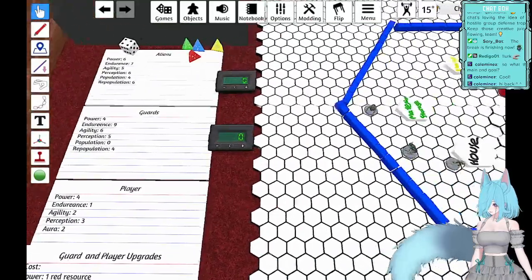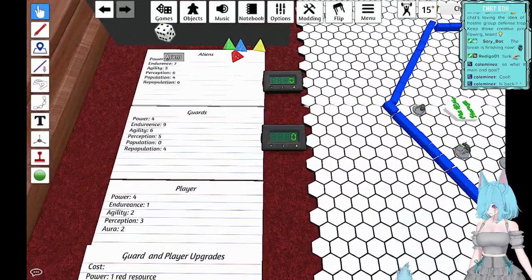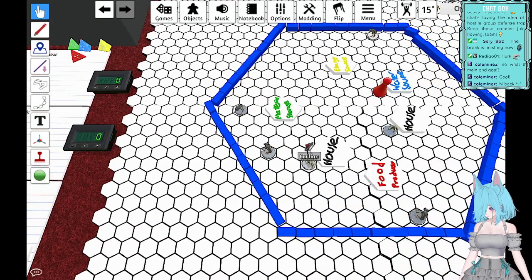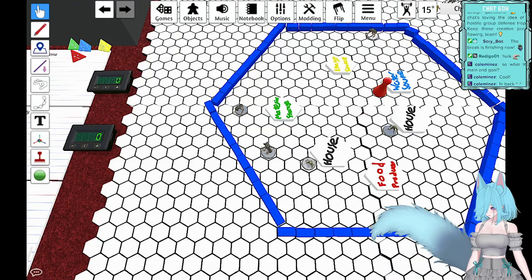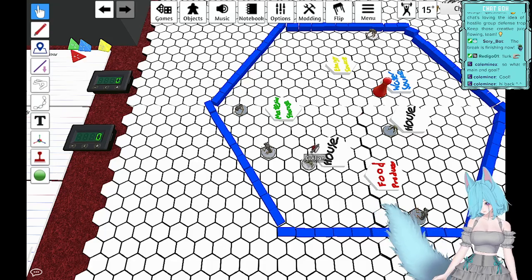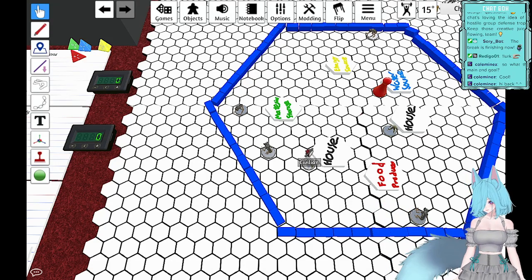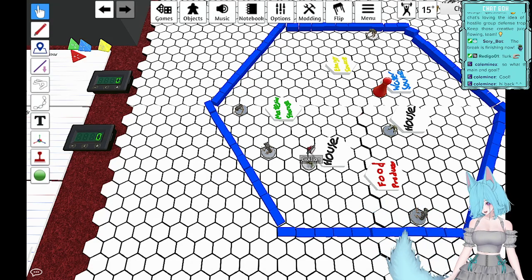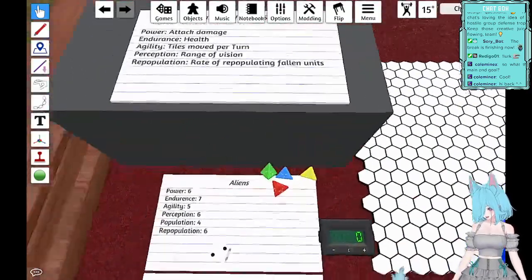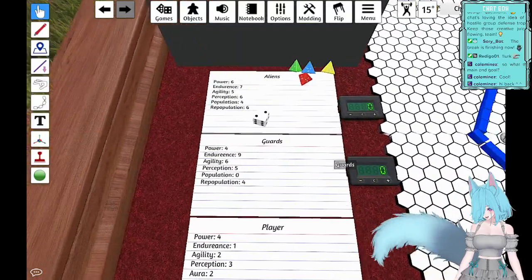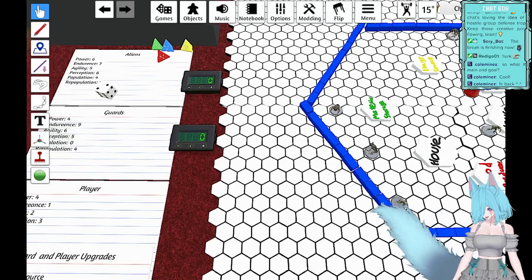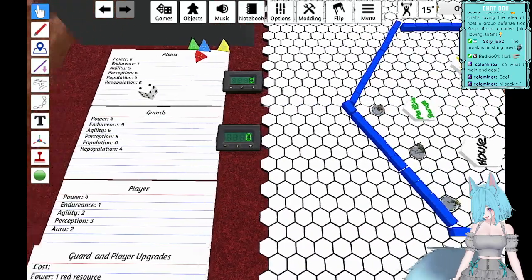Where are you gonna go? The dice decide. 1. Really? No, he wouldn't go there, so... I'm not accepting that, so I'm gonna let him walk over here, and then run again, because he still has 3 movement.